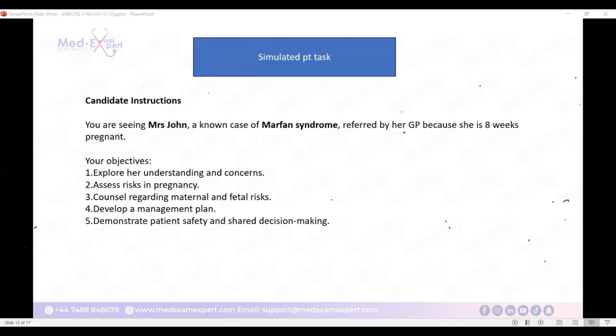Do you want to speak about pregnancy and Marfan syndrome and any other concern for today? No, doctor, I was just worried because me and my partner are in a stable relation for the last 2 years, and we are fond of children, but because of this condition, my partner was a bit worried whether we should opt for the pregnancy or not.